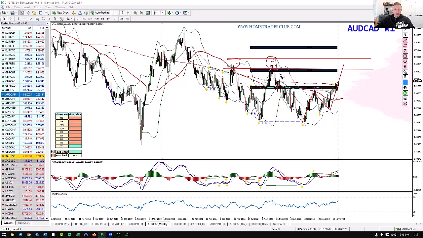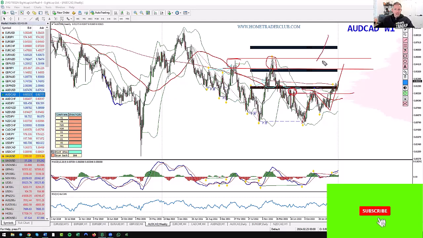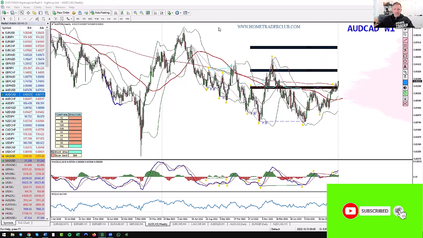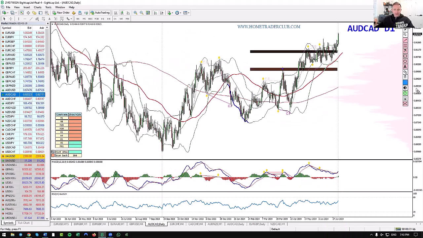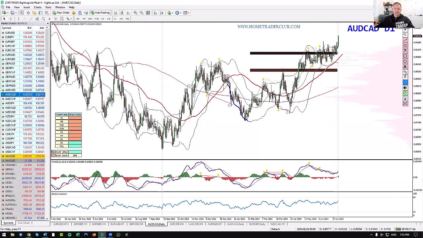And the most important high on the way here, after these highs were cleaned, is this zone. So with that idea in mind, and with the daily chart, as for now, maintaining its higher highs, higher lows structure, there is a potential divergence developing on the daily chart, but the weekly has nothing against.